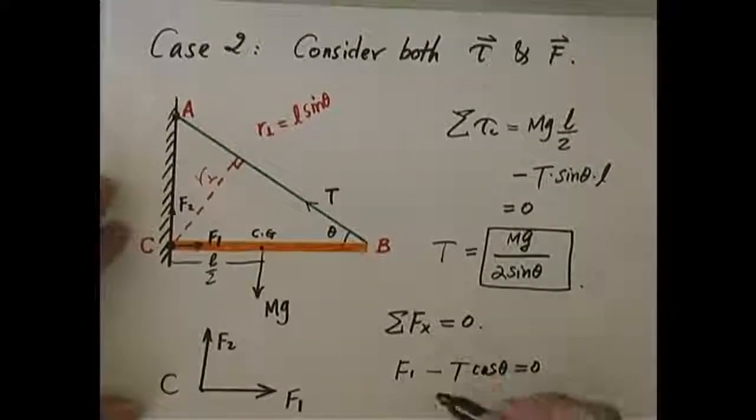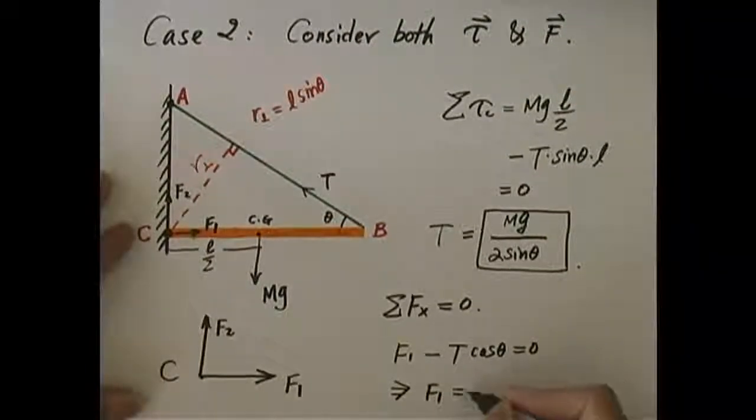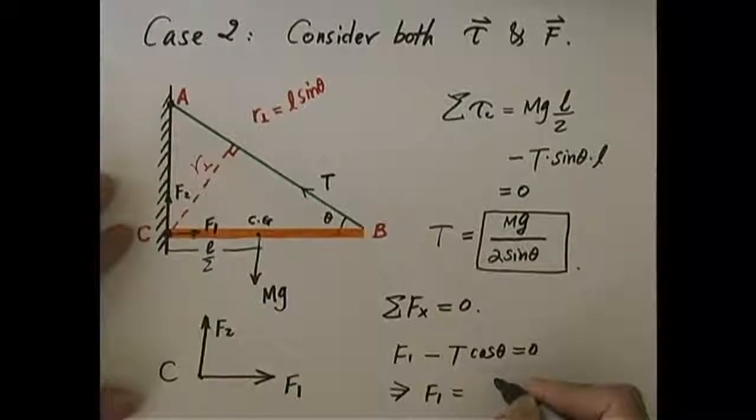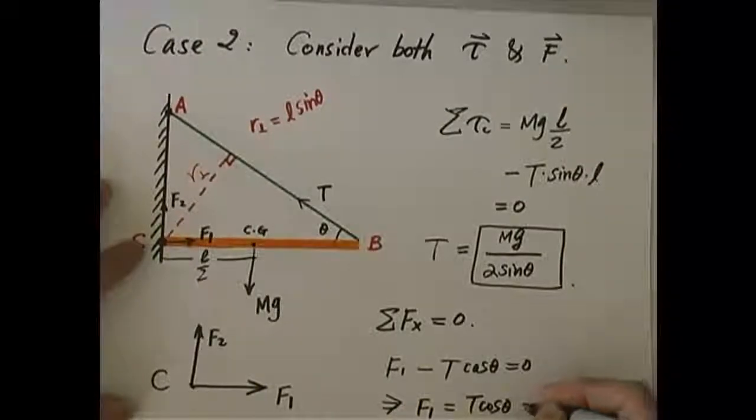This is the easiest thing to do to find F1 because I know what T is already. So we find that F1 must be equal to T times cosine theta. T is right here.